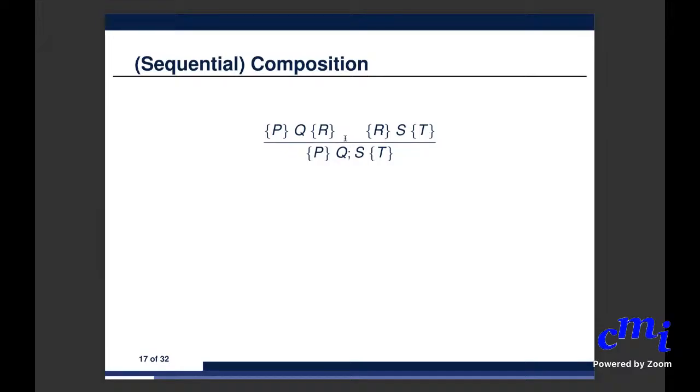So it can be considered as defining the meaning of sequentially composing two fragments of code relative to satisfaction of a Hoare triple, and it also gives a means to prove it.